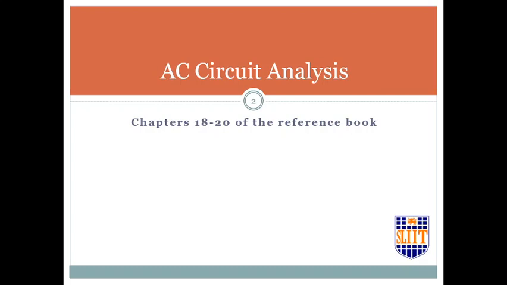Right, so I'll be going a little faster because you know all the steps that you have to follow. But the main intention in this discussion today is to look at how we can use AC theories to solve the circuits. The reference chapters are chapters 18 to 20 in the reference book.